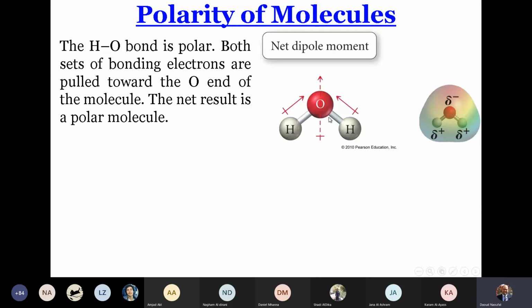The first vector is parallel to the bond, directed from positive to negative. The second is directed from the positive to the negative. If you look at these vectors, we have two vectors in the same direction. So the sum of these vectors is different from 0. We have a net dipole moment. So water is polar.